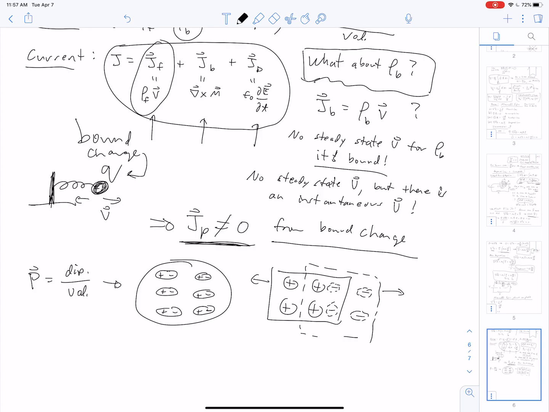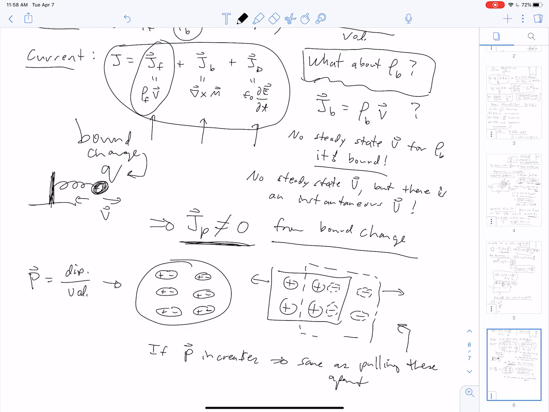So if P increases, then that's simply the same as pulling these lattices apart.